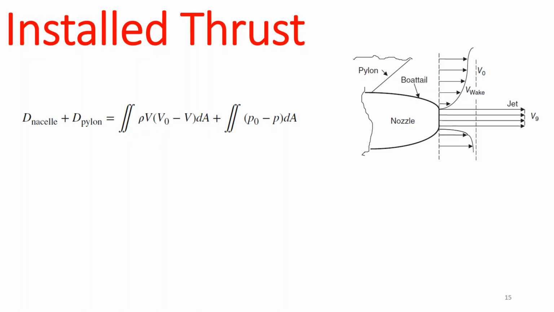The reason we cannot do m dot v is because your v is going to change with location, right? Same is true for your density. So instead of just simplifying it to a summation, we have to take the surface integral. And we also have to know the velocity distribution to be able to do that calculation.